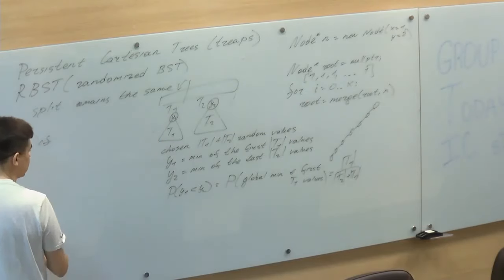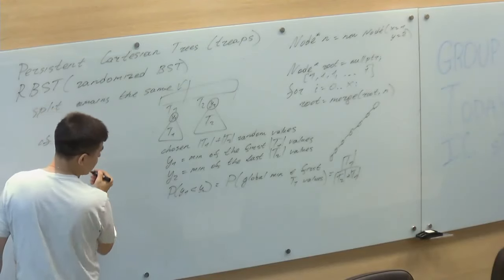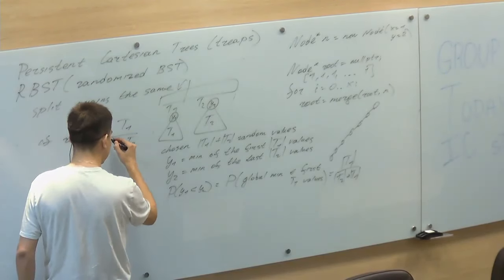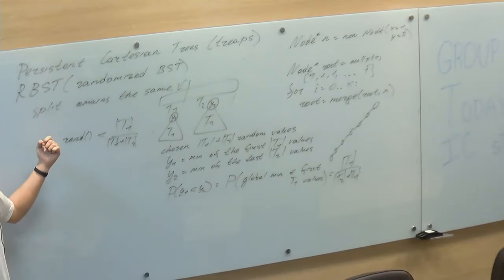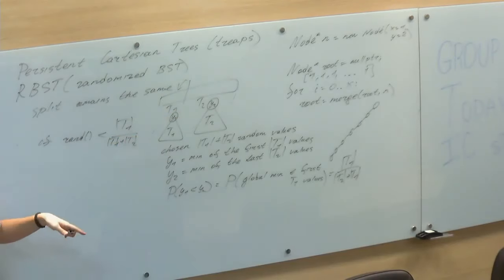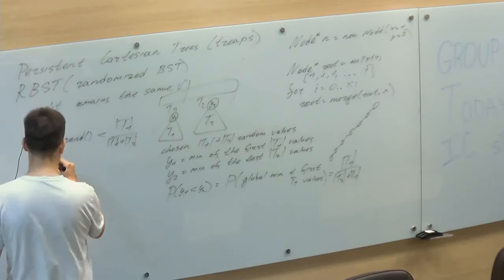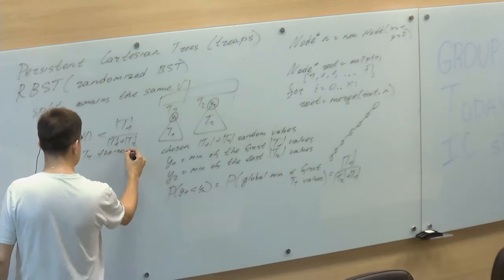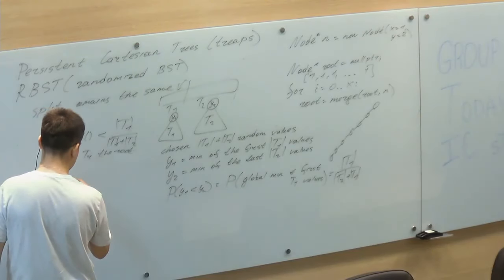If a random value from 0 to 1 is less than T1 divided by T1 plus T2, then we make the root of the first tree the root of the merged one: make T1 the root, otherwise make T2 the root.